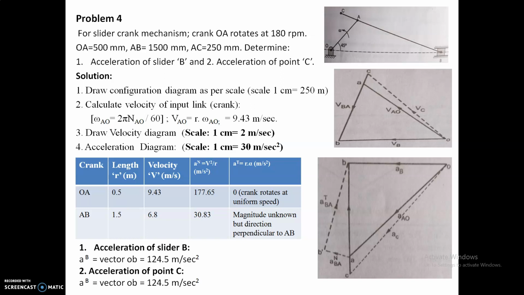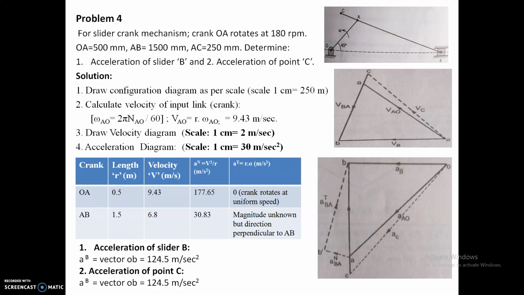The next one is the C point, which is given on the connecting rod. You have to locate C on the final component, not on the normal and not on the tangential, but on the final acceleration line of the link AB.